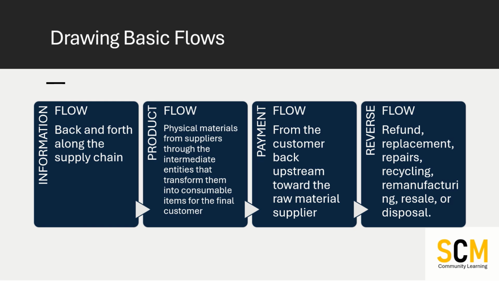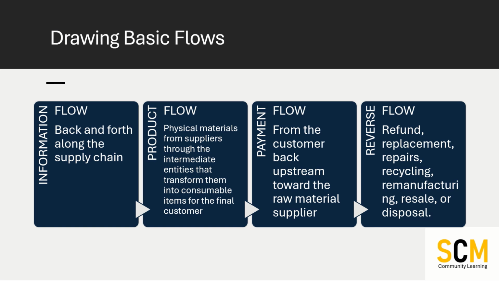Then we need to know where the product is with the product flow. And all of this is a business, and we need to be pretty sure where the money is with the payment flow. And sometimes, and it's very common in the industry nowadays, the reverse flow, the inverse logistics.